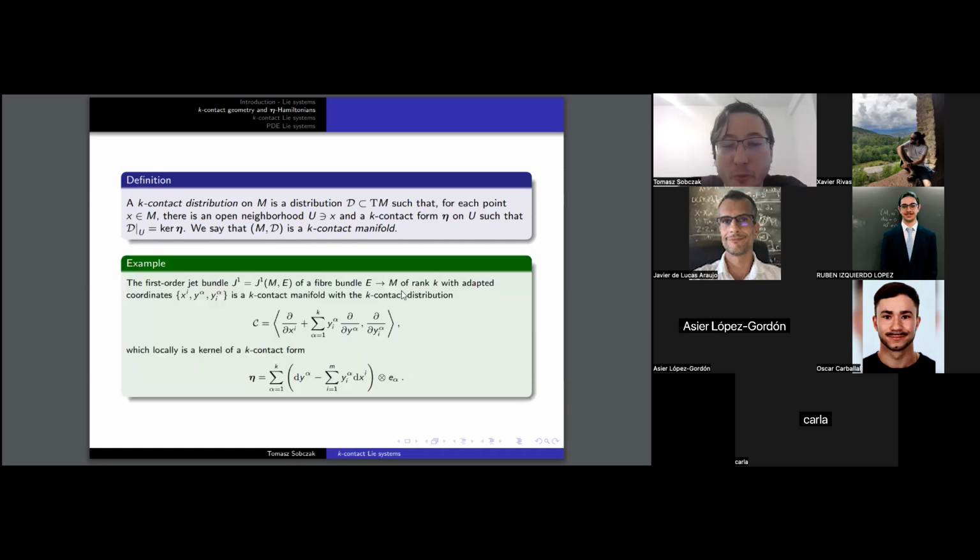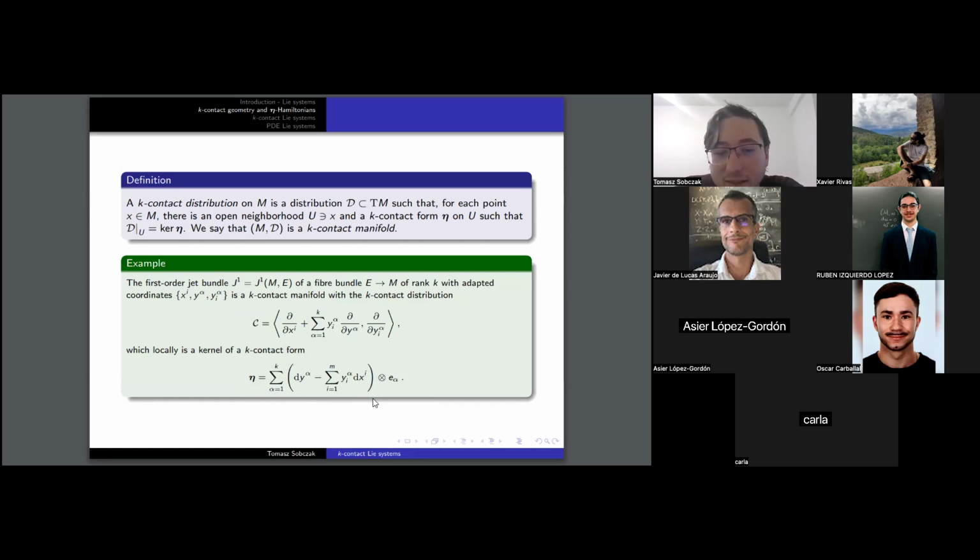A really nice example, I believe I gave it in the previous talk, is just the first order jet bundle with such coordinates, because we can find the k-contact distribution C, and it is a k-contact manifold. It is a k-contact distribution because it's locally the kernel of a k-contact form eta of such a form.